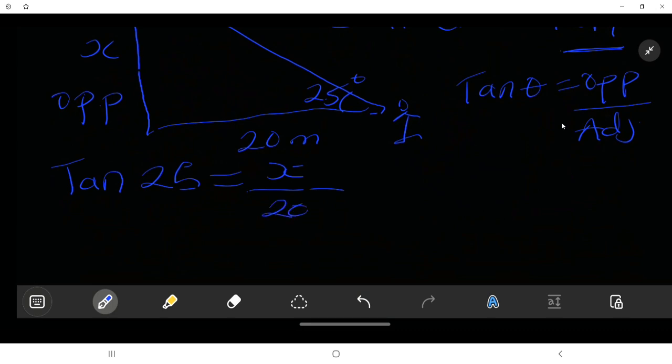We're going to use our calculator to find tan 25. Tan 25 is going to give us 0.4663. So we have 0.4663 equals x over 20.